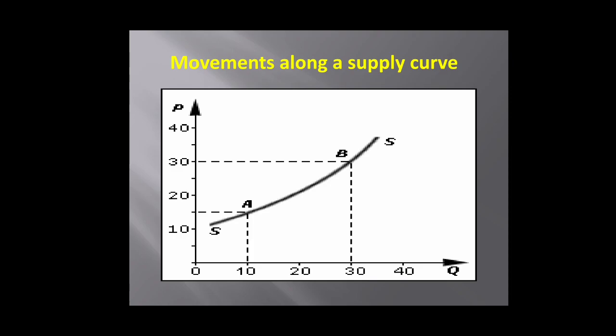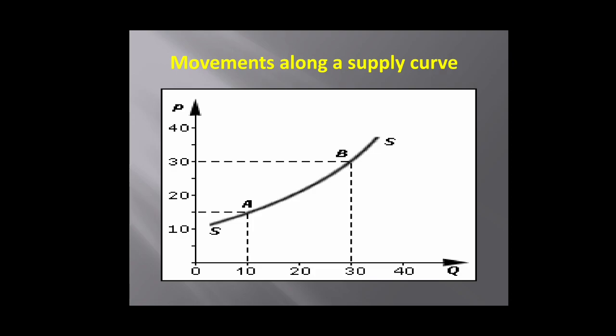The figure given here illustrates the situation of extension and contraction of supply. In this figure, SS is the supply curve of commodity X. When price of commodity X is say rupees 15, the supplier sells 10 units of commodity X, but when price of X rises to rupees 30 per unit, supply extends to 30 units.